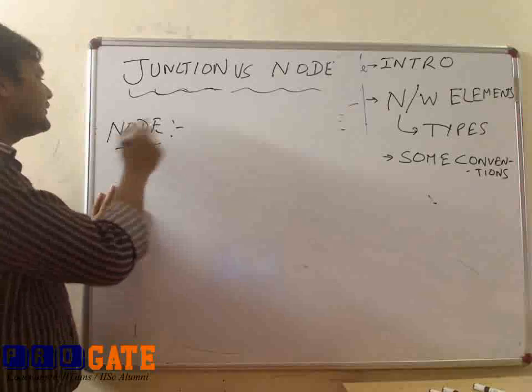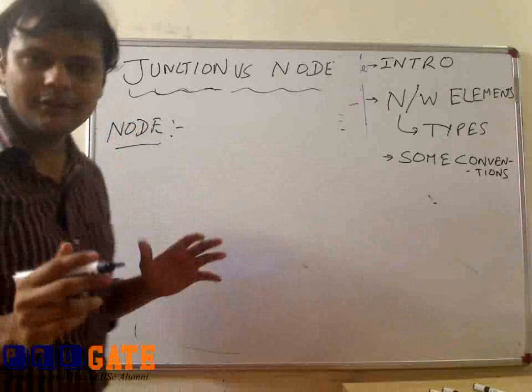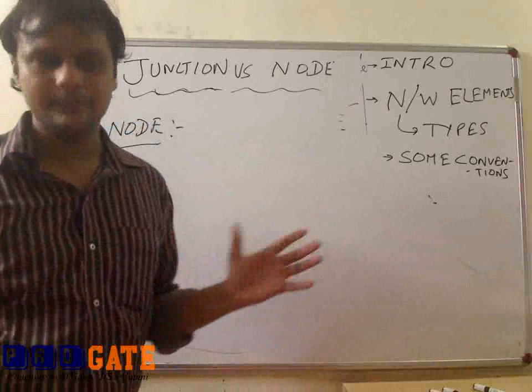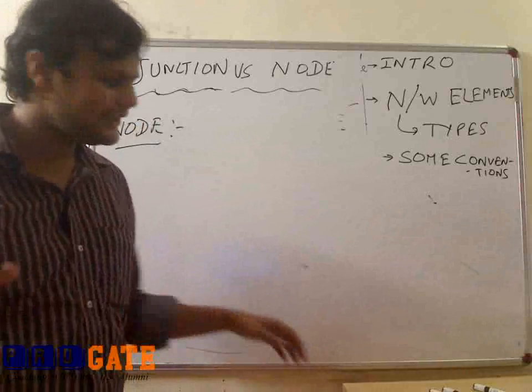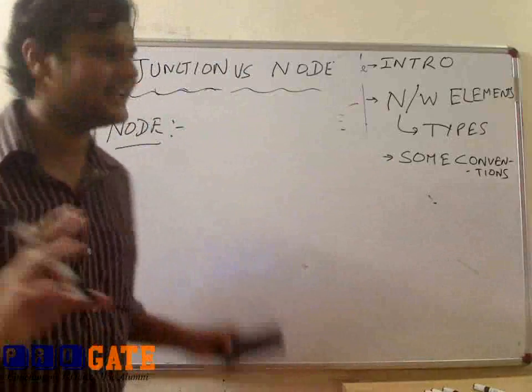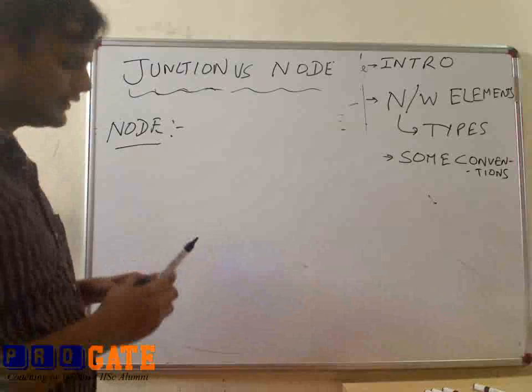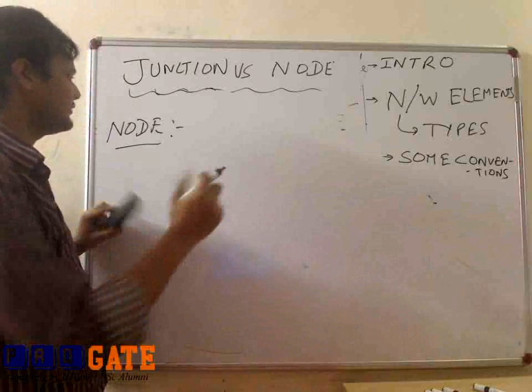So this is the definition of node. And what is the definition of junction? Any point in a network where current distributes or divides is called junction. Again, I will make a network and you have to tell me how many junctions this network has, and also the nodes, and also what these nodes are.